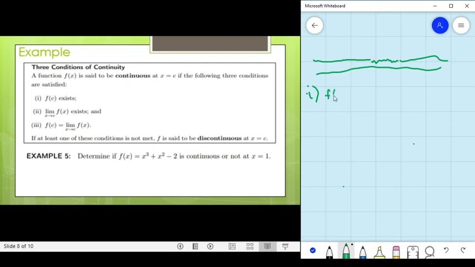So, f of 1 equals, substituting x here with 1, we have 1 cubed plus 1 squared minus 2. So f of 1 is equal to 1 plus 1 minus 2 equals 2 minus 2 equals 0.